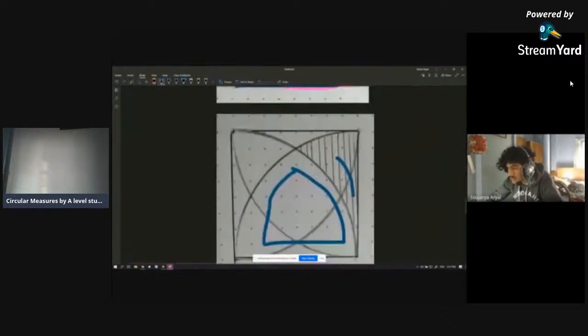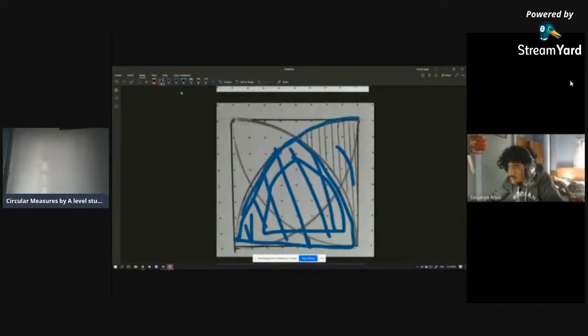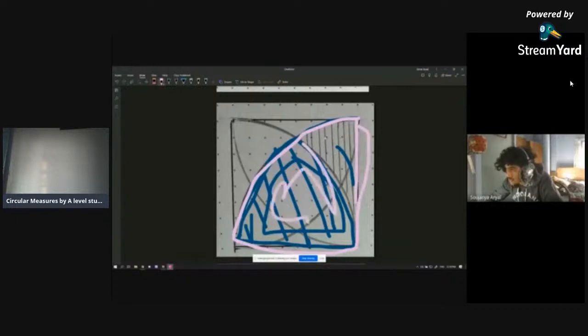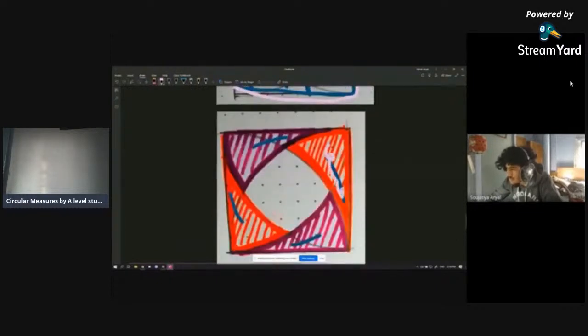So what we have now will be the area of this part, and if we subtract it with the sector, this sector, I'll just change color so it'll be clear. Yeah. So if we subtract the area of this sector with this portion over here, we'll be left with this small part. So this small part is the same as this part.